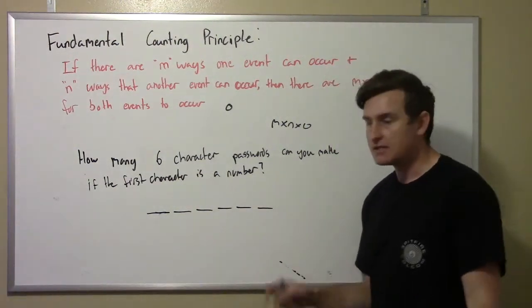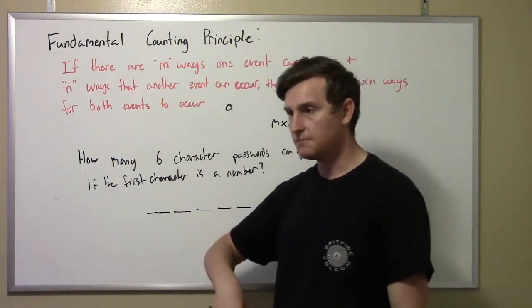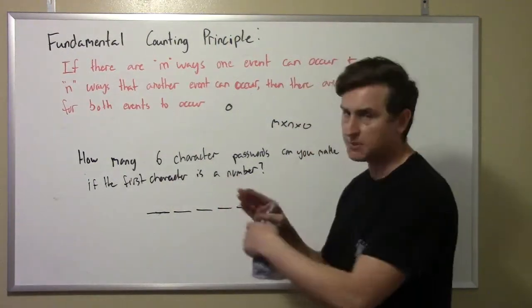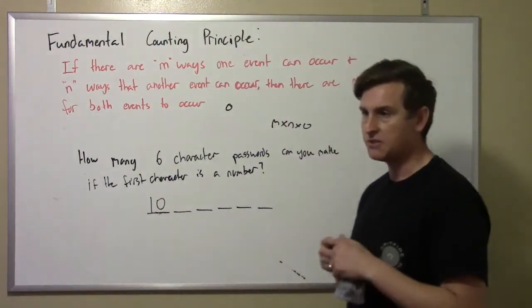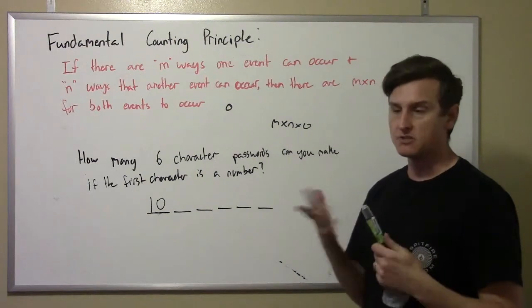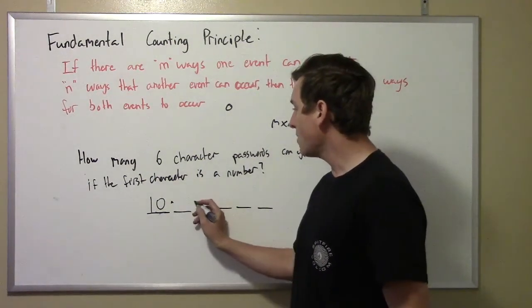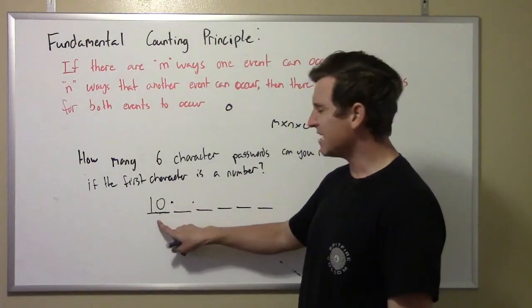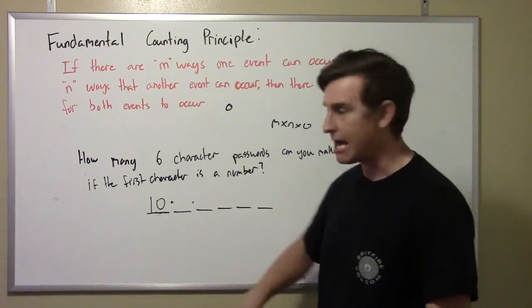Well, it's a number, so it has to be a digit between 0 and 9, because we're assuming it's just one character. There's 10 digits that we can choose that are numerical: 0, 1, 2, 3, 4, 5, 6, 7, 8, and 9. There's 10 different ways to have that happen. This is not saying that the first digit is 10. This is just saying there's 10 ways to do that.